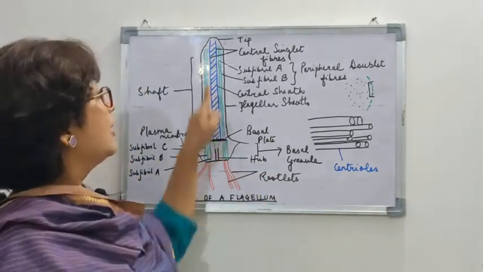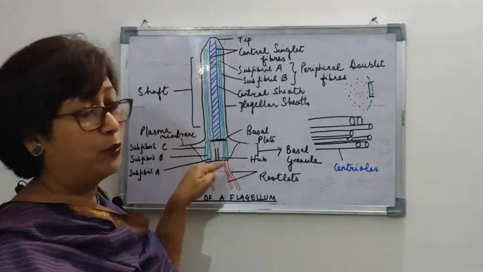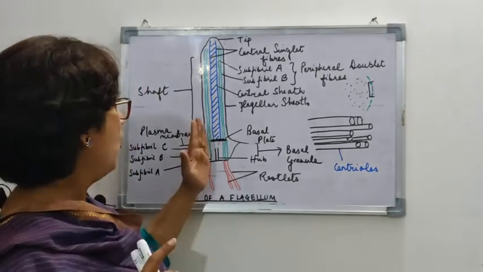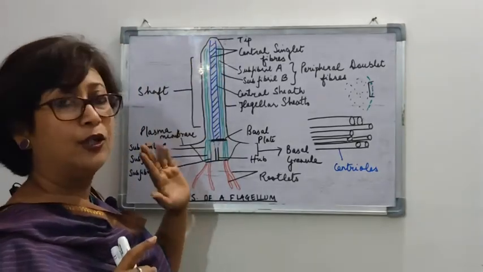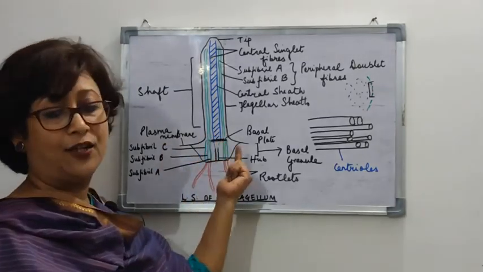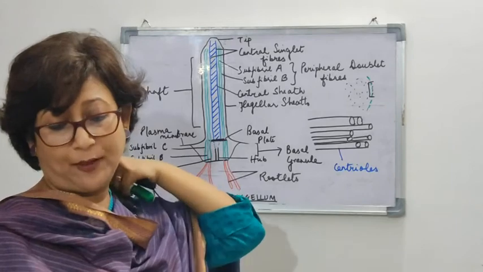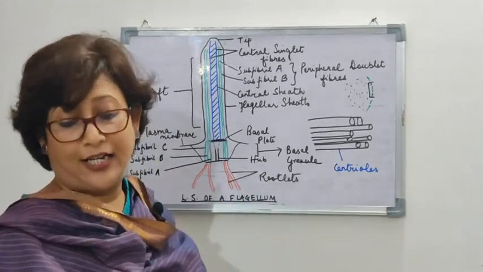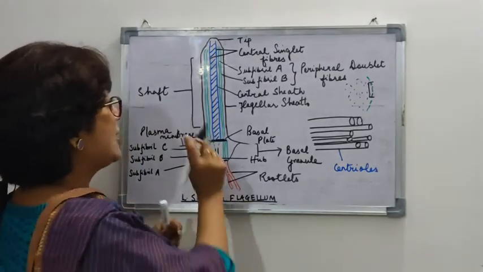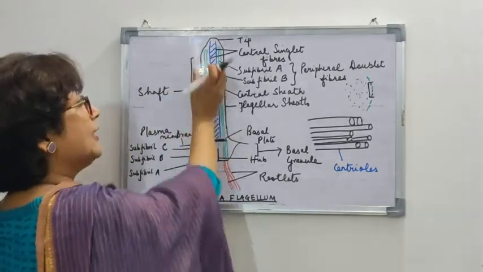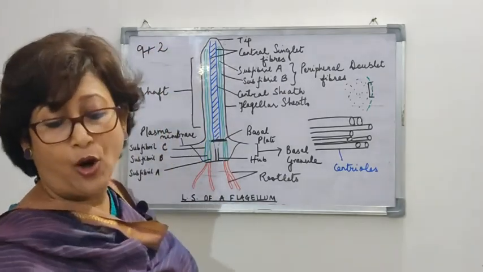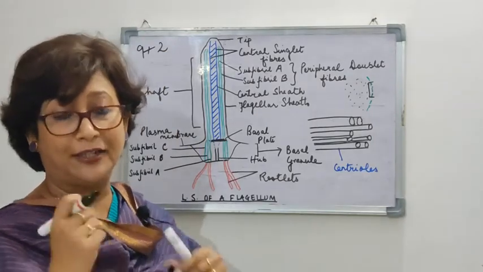Other than that, if you look at the central part in blue, it consists of 2 central singlet fibrils, one and two here. The blue ones are single, one on one side and one on the other side. Now this arrangement is known as the 9+2 arrangement, also known as 11 stranded.